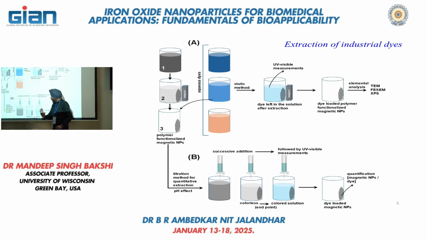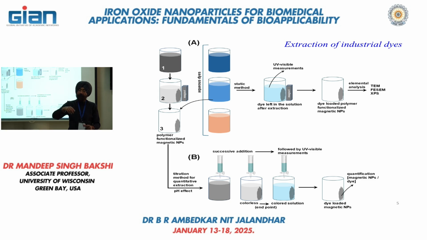After each addition, we place the magnet, collect the nanoparticles and measure UV. After another addition, we perform the same thing. So what are we doing? We have a burette and we have a beaker. In the beaker, we have magnetic nanoparticles.